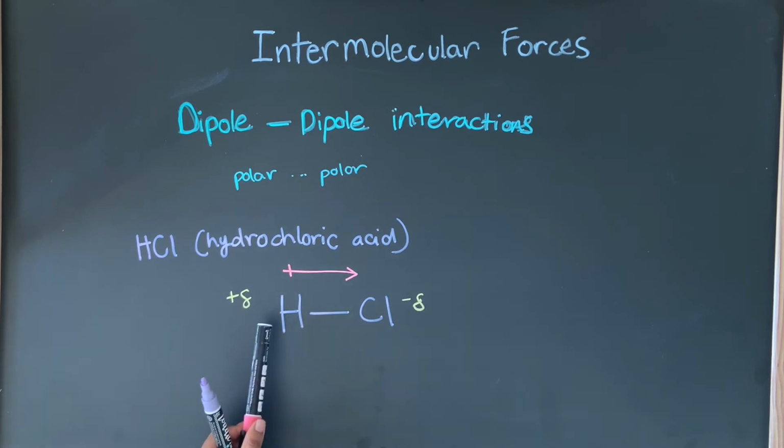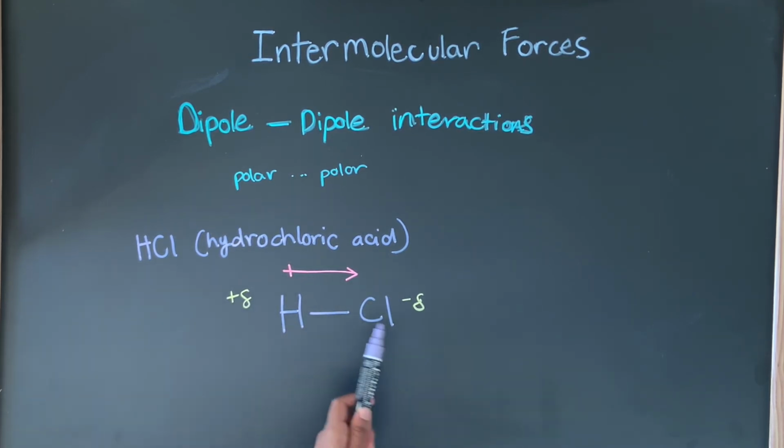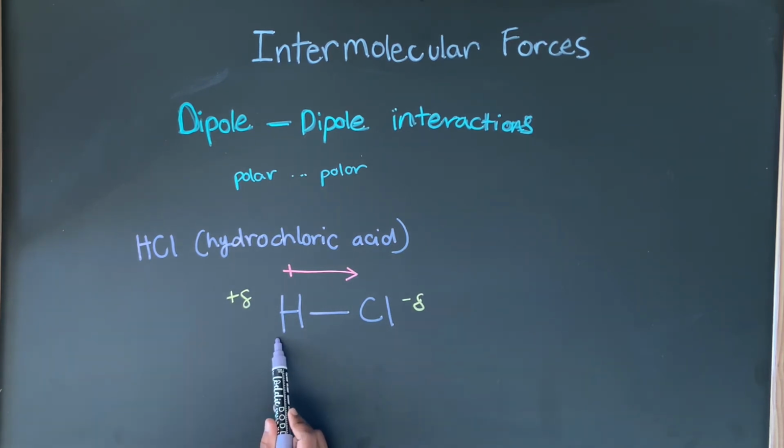The positive end, and this is the negative end. So the dipole force is the attraction between the positive end of one polar molecule to the negative end of another polar molecule. So in this case, hydrogen is the slightly positive end, and chlorine is the slightly negative end. The strong electronegativity of the chlorine actually pulls the electrons away from the hydrogen.